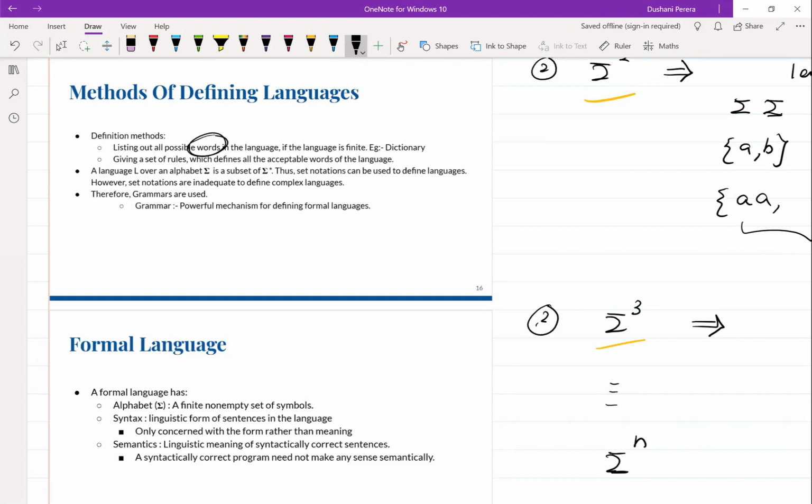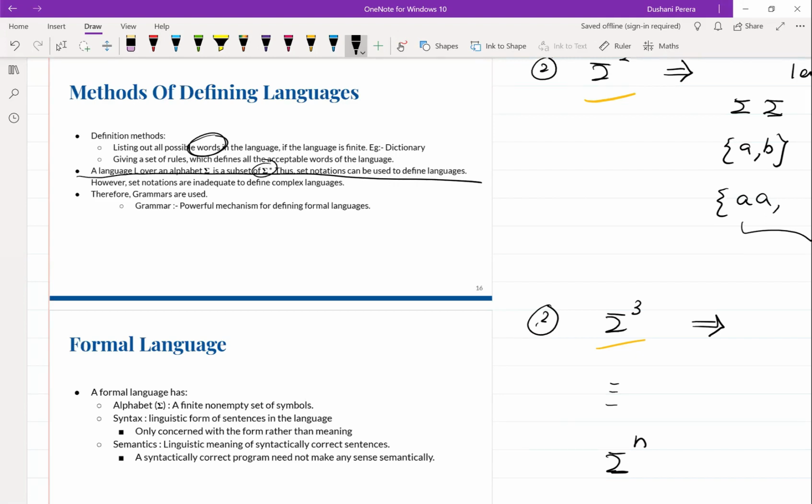So here again we give the definition. A language L over an alphabet sigma is a subset of sigma star. Thus, set notations can be used to define a language, which we discussed before. But the problem is set notations might not be sufficient sometimes when we want to define a complex language. එහෙම වුණාම we have to use something else.